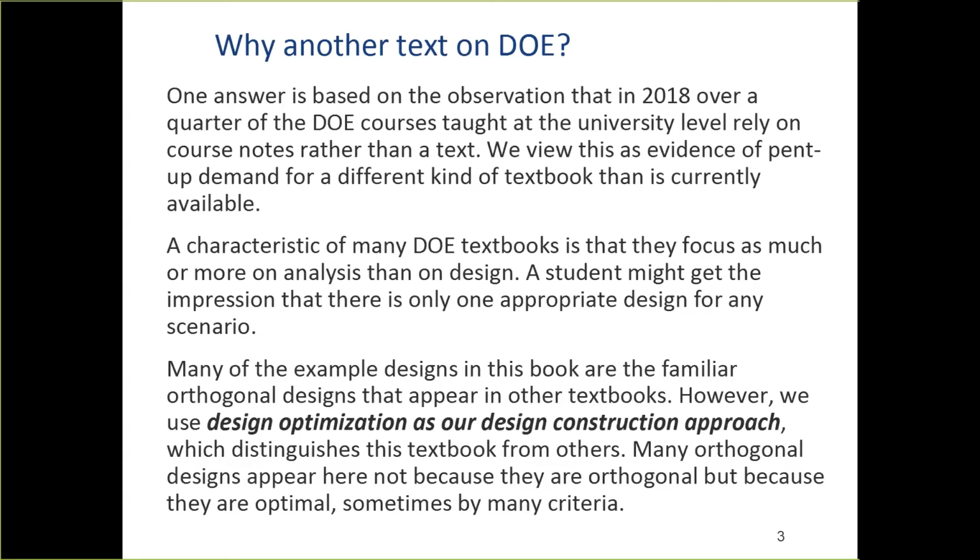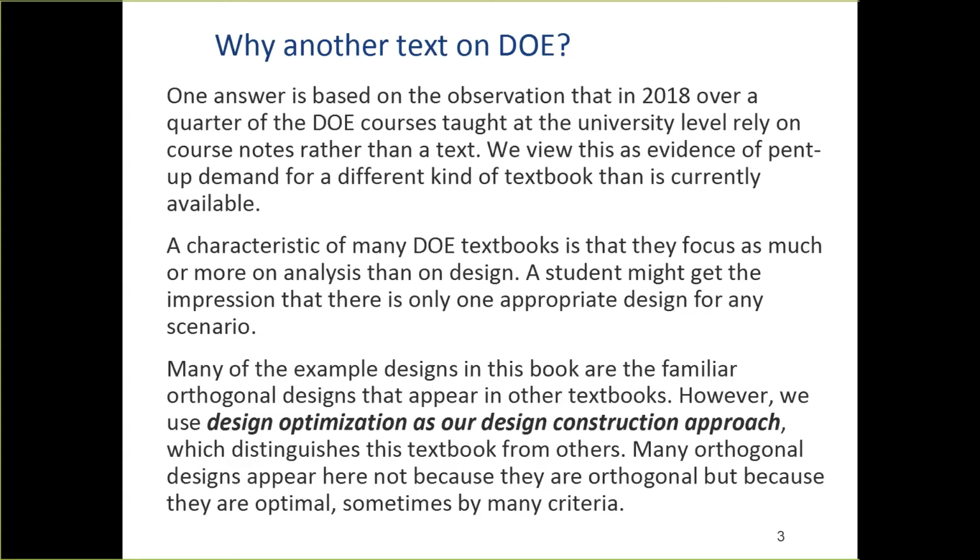Now, in our book, you will find some of the familiar orthogonal standard designs, but we approach the design problem as an optimization problem, and we use design optimality as our design selection or construction approach. And that distinguishes this book from anything else.